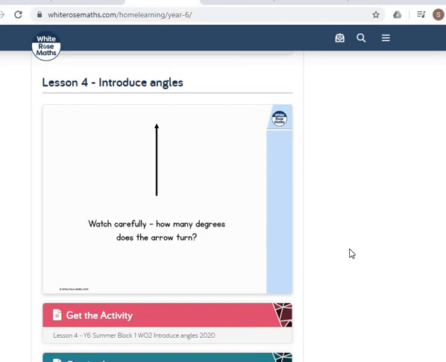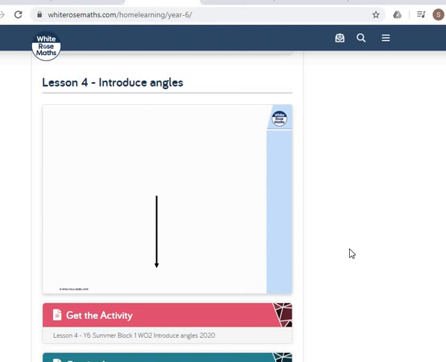Now, watch carefully. How many degrees does the arrow turn? Don't worry if you miss it first time, I'm going to show you twice. Here we go. Okay, I'm going to show you one more time.